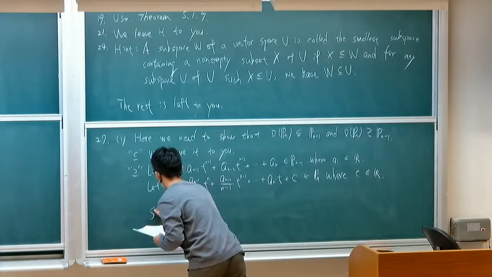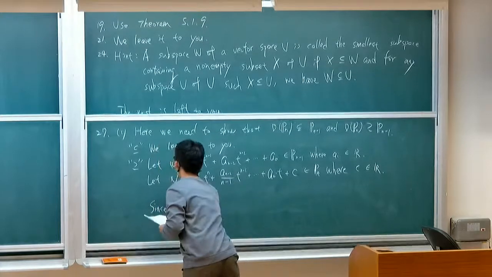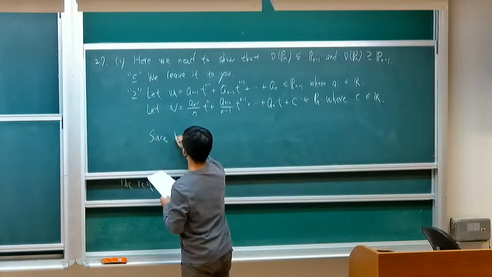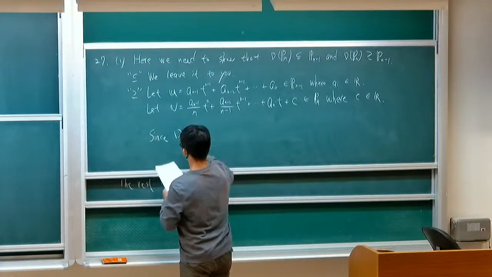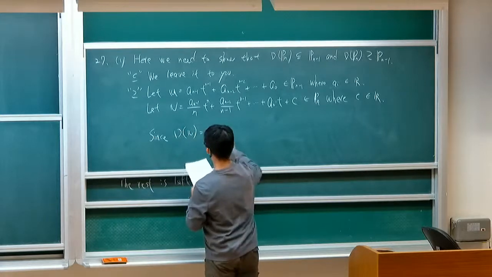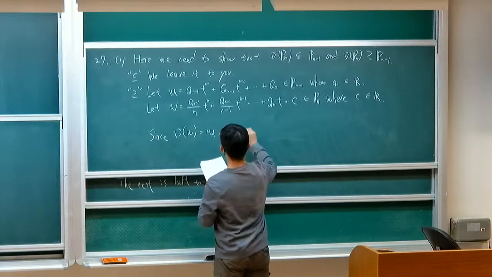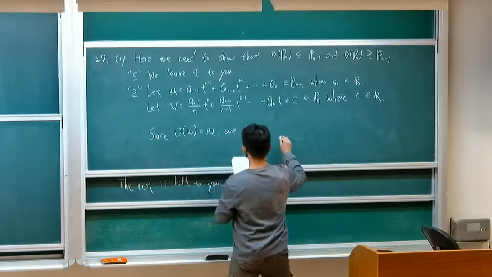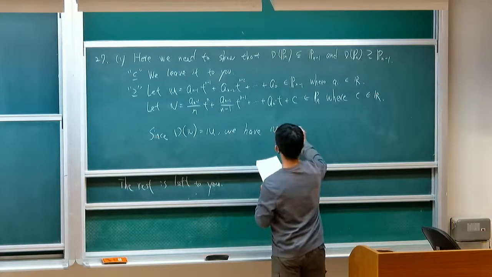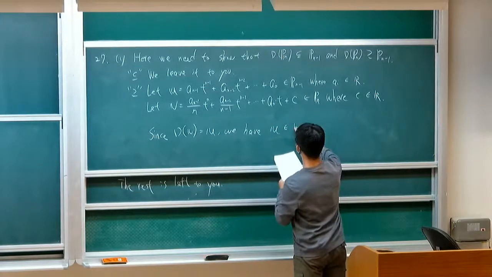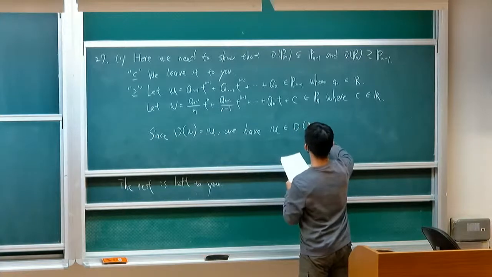Here, since the derivative of v is u, we have u is an element of D of Pn.